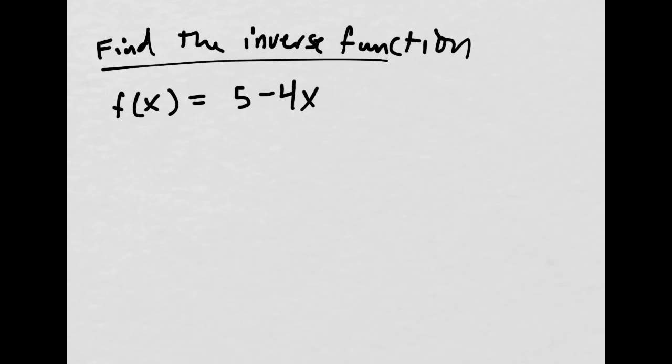And the first thing you do to switch and solve is change f of x to y. I think we definitely did this in Algebra 2, a tiny bit in trig pre-calc, once or a couple times in calculus. So I'd switch my x's and my y's. So now I would have x equals 5 minus 4y.